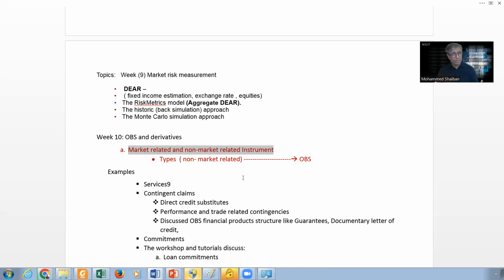When you have a loan commitment, you have an upfront fee for the whole amount, and for the part which is not withdrawn by the customer, which we call the drawdown, if the drawdown is not complete, that part that was not withdrawn is the part that will count for back-end fees. So you have to be careful about loan commitments, back-end fees and upfront fees, and how we calculate them.